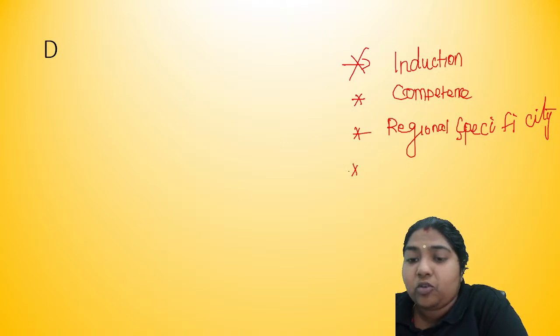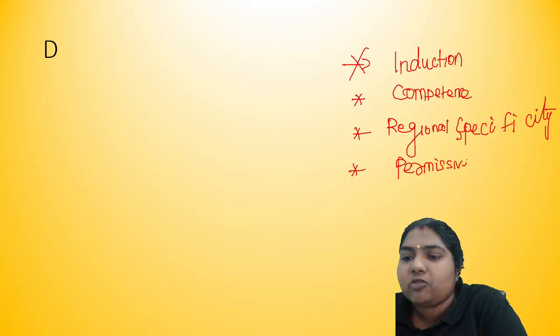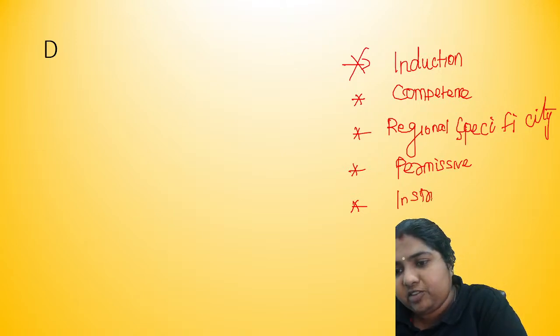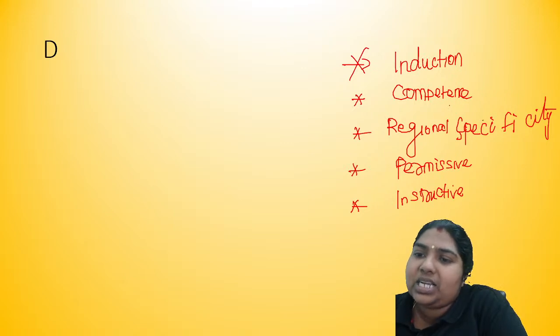An option can serve as a keyword for the next question. This exam is over, but in an upcoming examination they may ask a question using that keyword. So instructive interaction, permissive interaction, regional specificity of induction, competence, induction, all these things are clear.